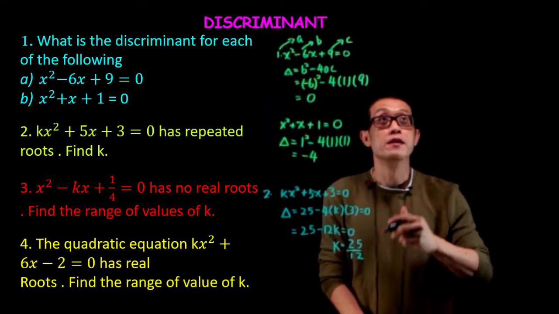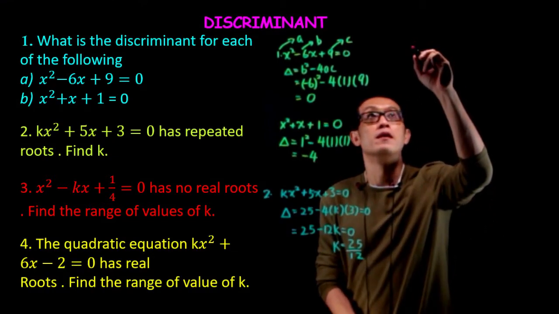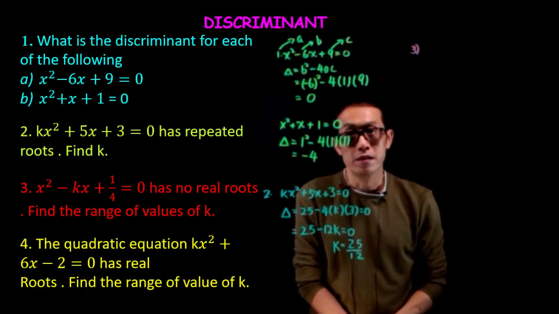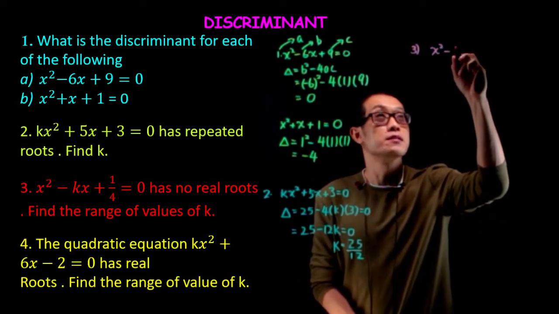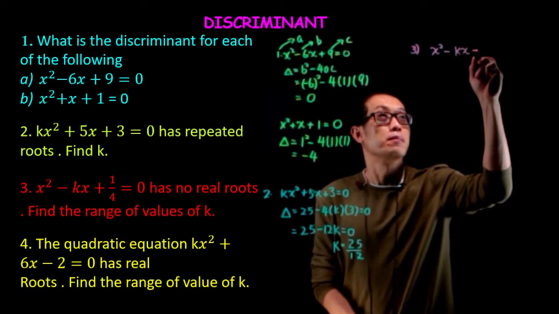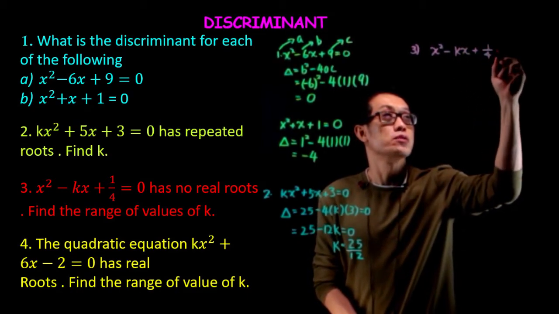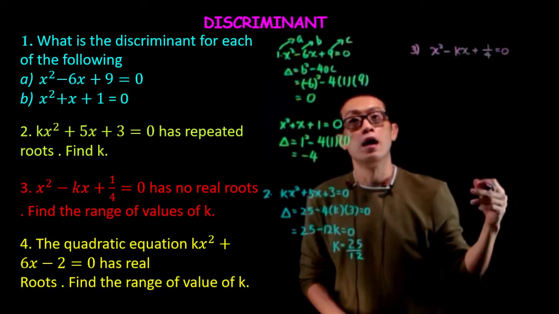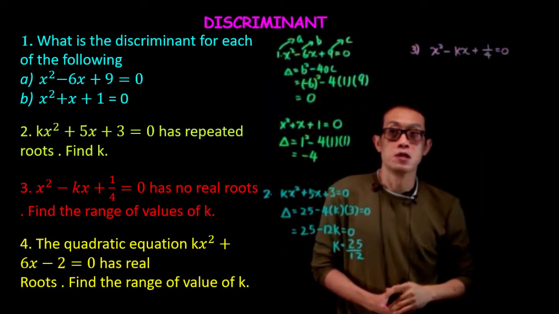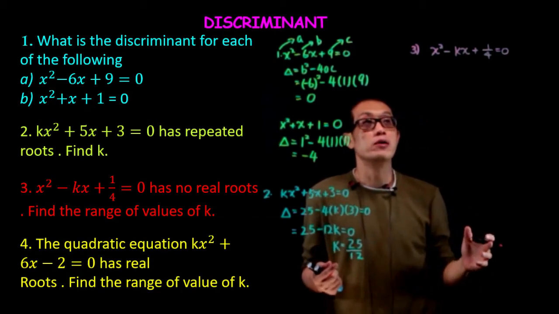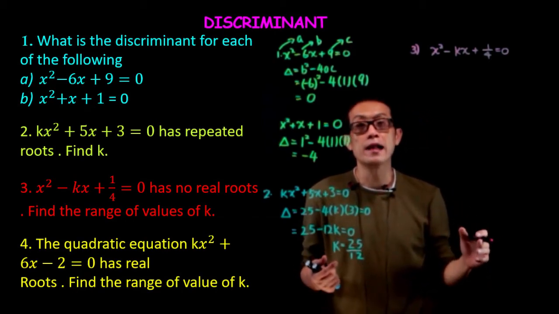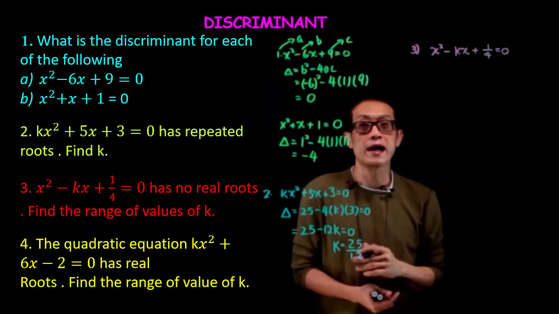Question number 3. Now it is given that x squared minus kx plus a quarter equals 0 has no real roots. What does it mean when it says it has no real roots? That means it does not cut the x-axis.